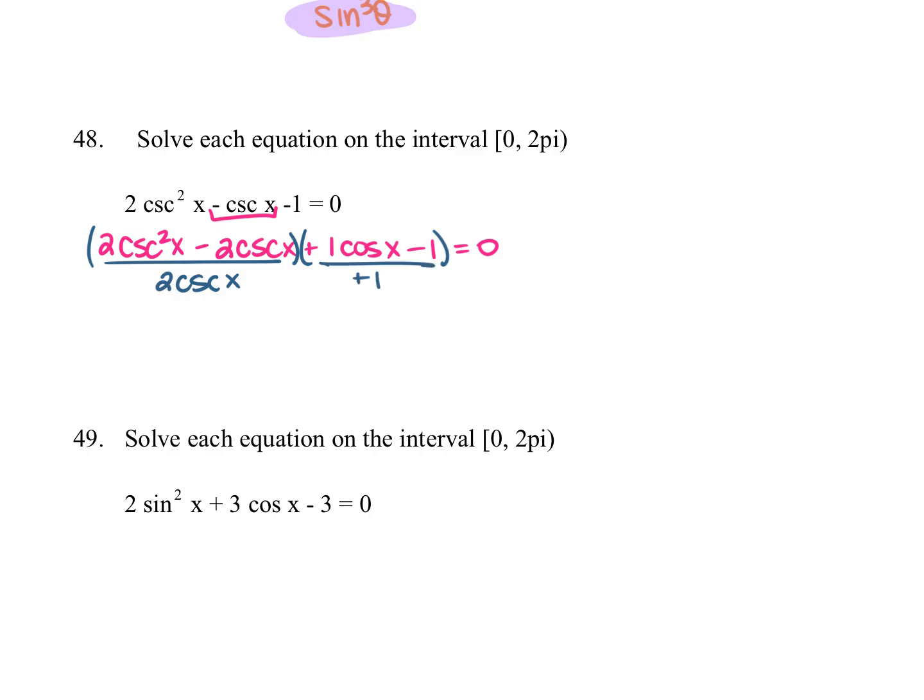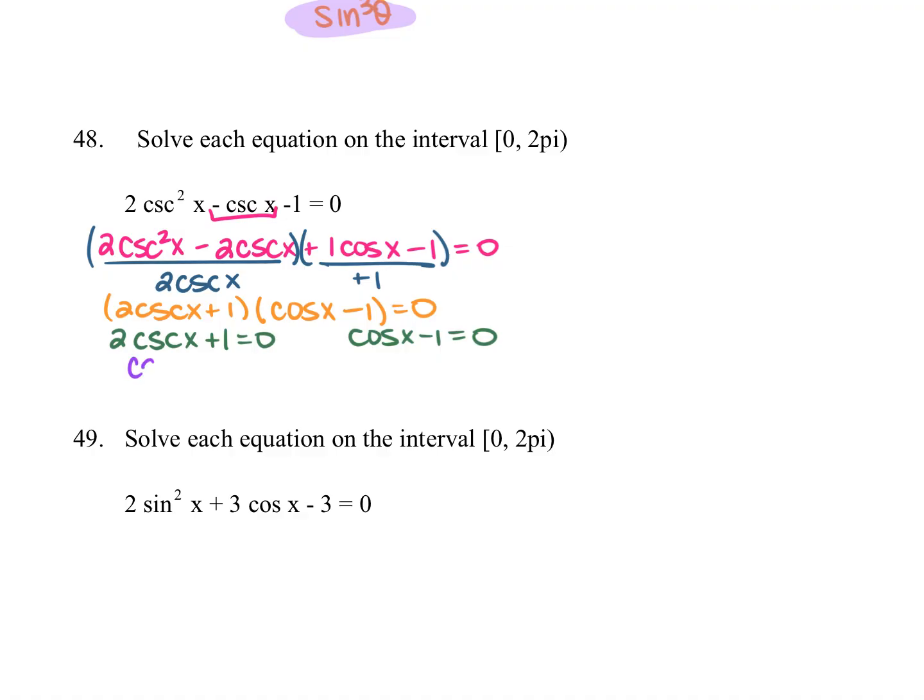So this is going to give us 2 cosecant x plus 1 times cosecant x minus 1 is equal to 0. We set them both equal to 0. So 2 cosecant x plus 1 is equal to 0, and cosecant x minus 1 is equal to 0.